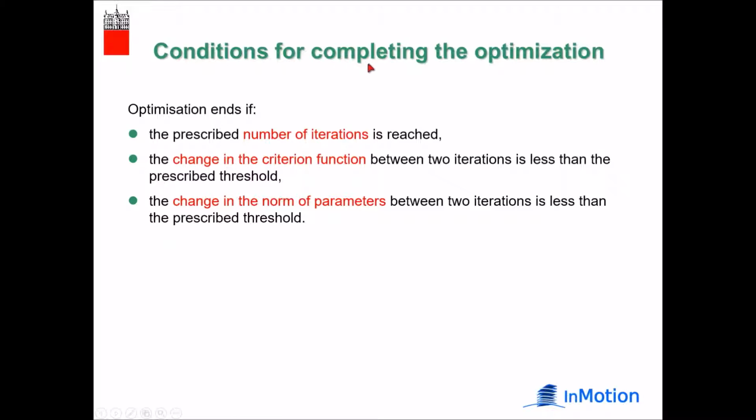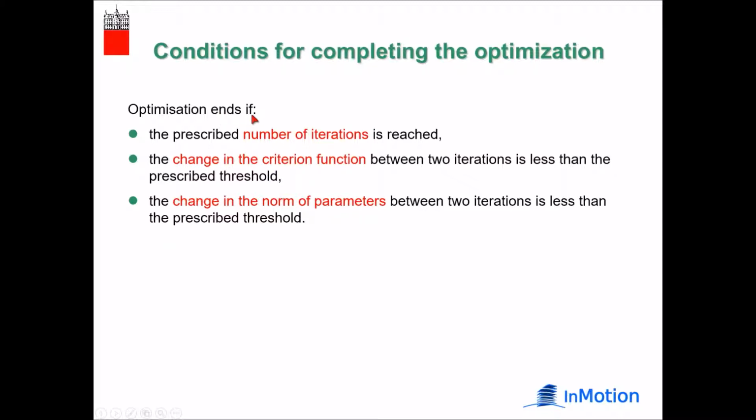The conditions for completing the optimization are also important. Optimization ends if the prescribed number of iterations is reached. I explained before that one iteration means one improved set of optimization parameters.